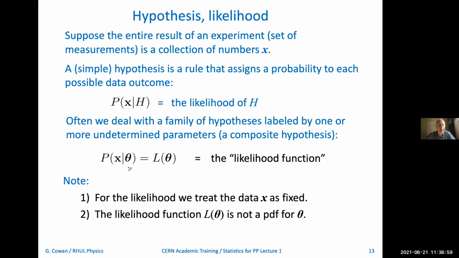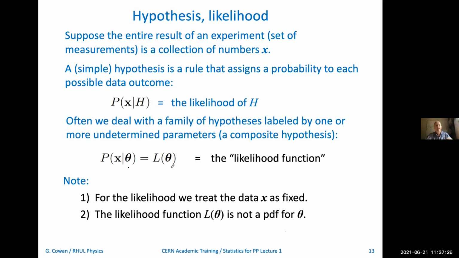But again, if I look at this as a function of the label for the hypothesis, as a function of the parameter, I'll call that the likelihood function. It's a little bit deceiving here when I write P of x given theta is L of theta, because when I write L of theta, it makes it look like the data has somehow disappeared. You have to keep in mind that this likelihood function has the data stuck in there, but I'm only viewing it as a function of the parameter.